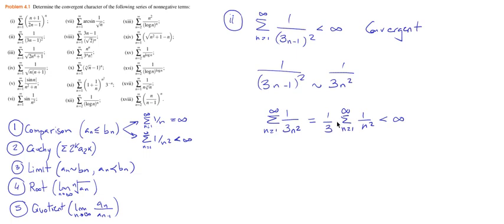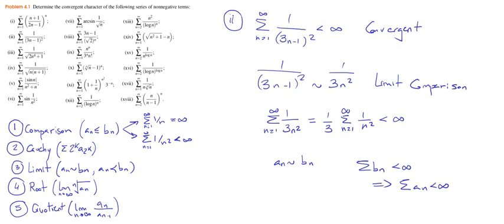So it doesn't matter that we multiply it by any number. So now, because a sub n is asymptotically equivalent to b sub n, if this series of b sub n is convergent, then this implies that the series of a sub n is also convergent. Okay, so by using the limit comparison test, we arrive at the same conclusion as before.